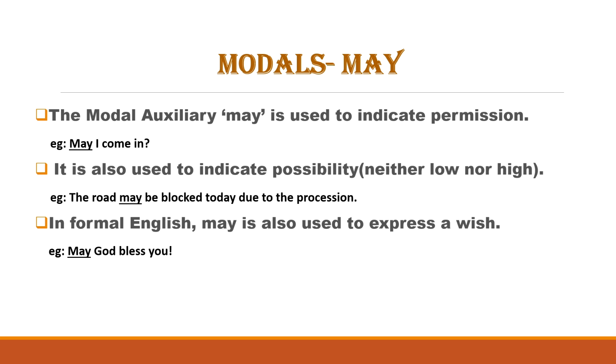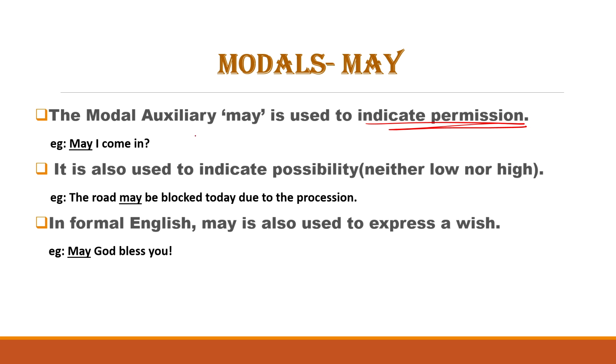Now, moving on, next is may. The modal auxiliary may is used to indicate permission. For example, may I come in? Now, note one very important thing, the same sentence can also be written as can I come in, but may is more formal than can.